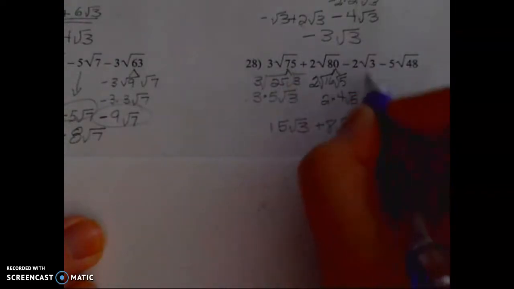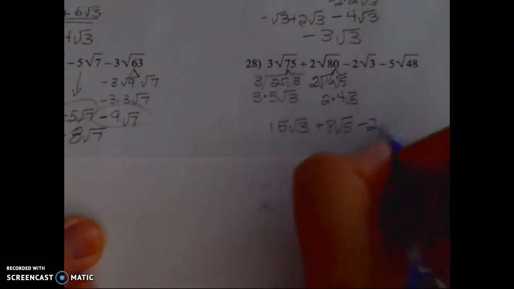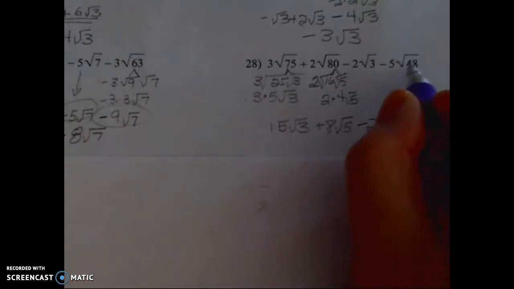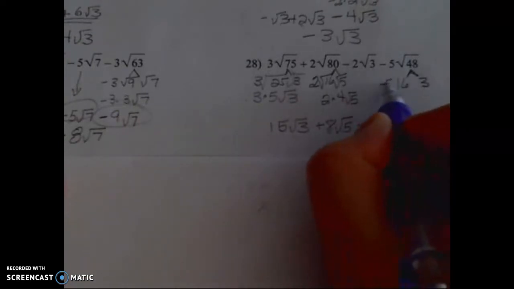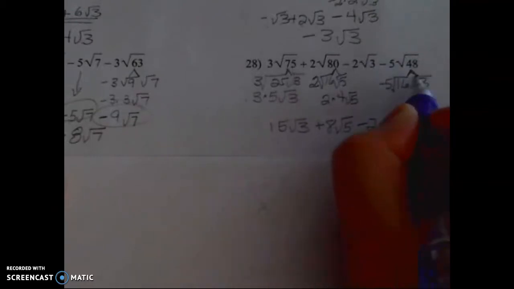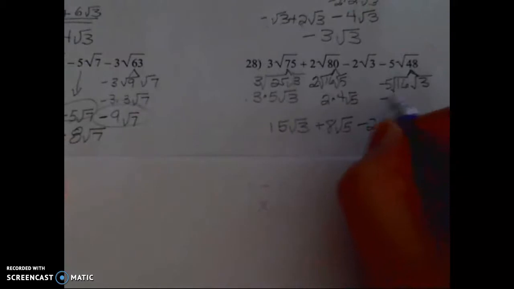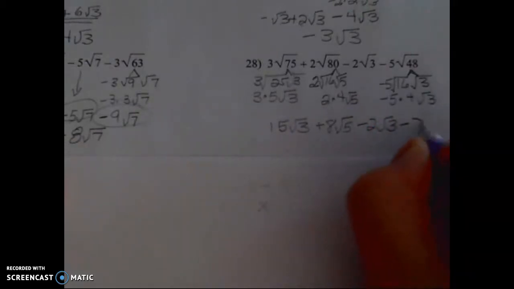Let's keep going. Oh, that 2 root 3, we can't do anything with it. I'm going to bring it down right now. 48 is 16 times 3. Square root of 16 is 4, and negative 5 times 4, that's negative 20 root 3.